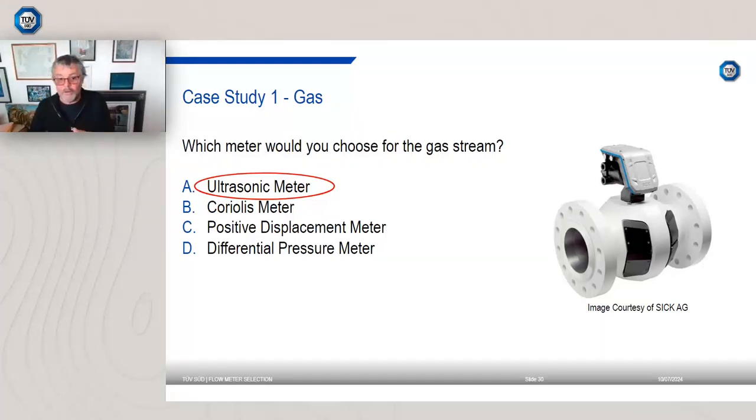That's not to say you can't use a Coriolis meter. Feel free, please do write in after this event, but please don't write in and say, why didn't you use a Coriolis meter? You probably could. But depending on the sizing, the pressure drop may be why the ultrasonic meter is the best option.